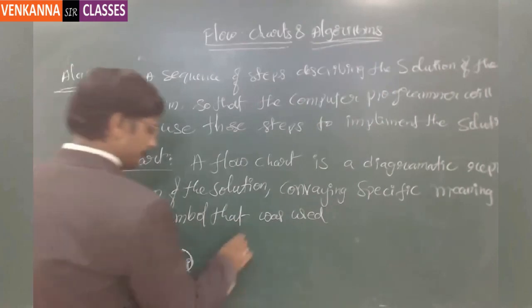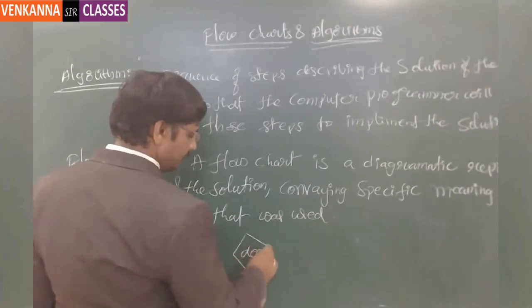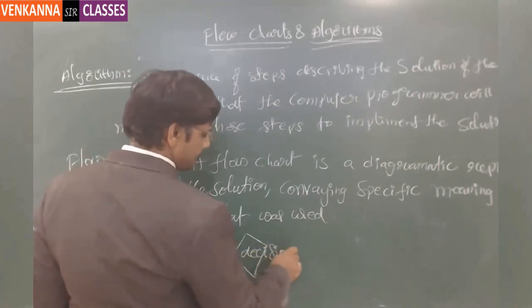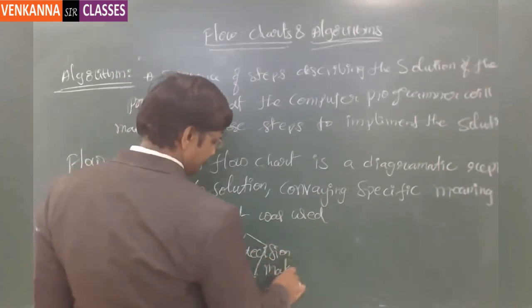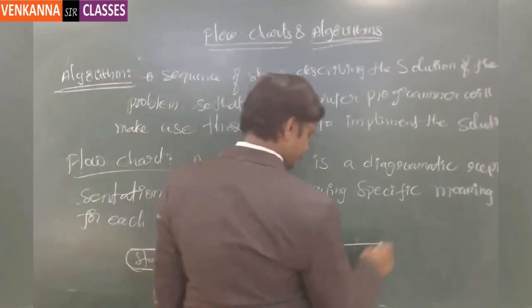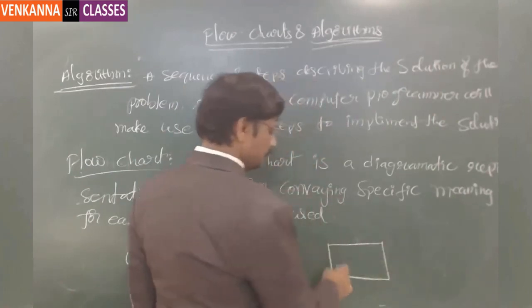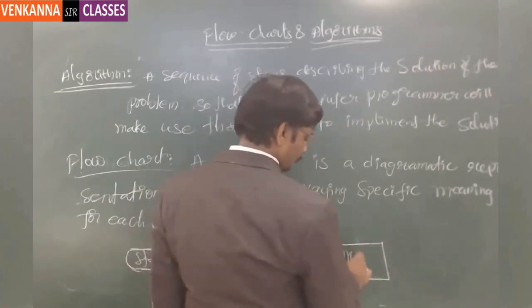And then a diamond shape is used for decision making. And a rectangle is used for the computer process.